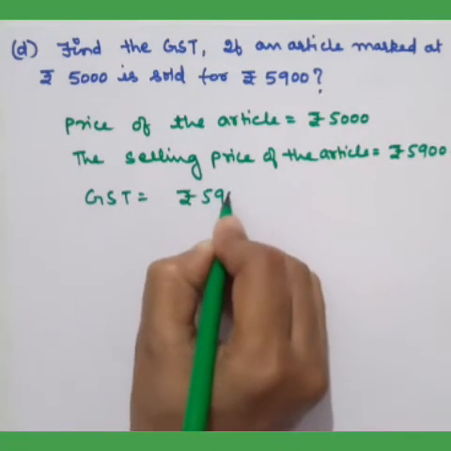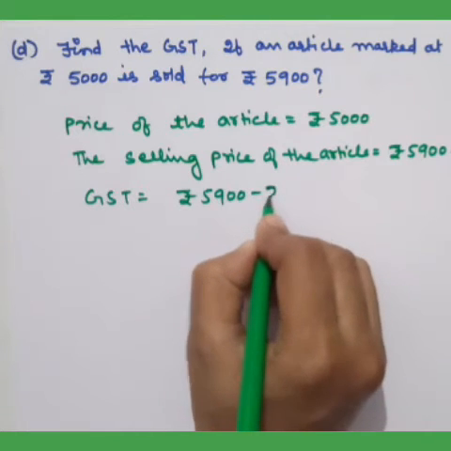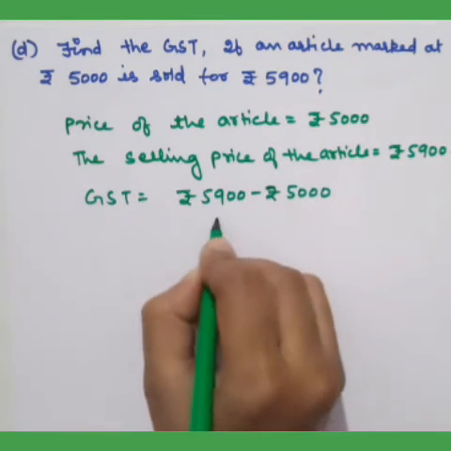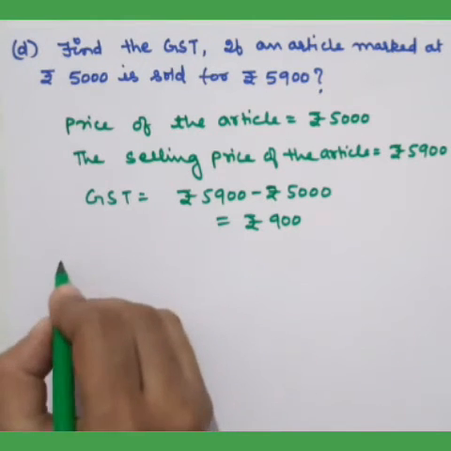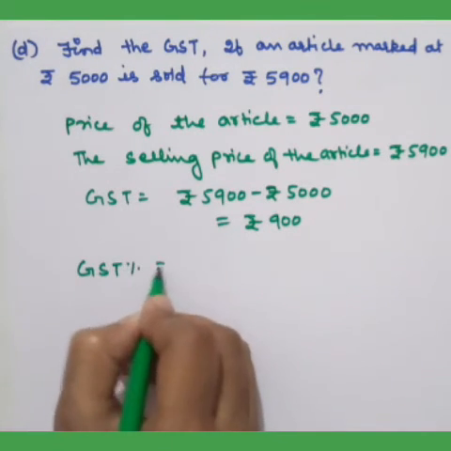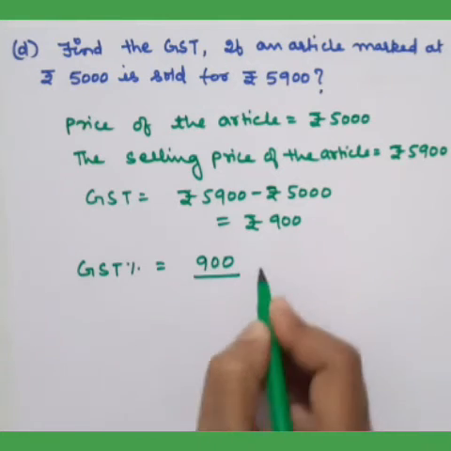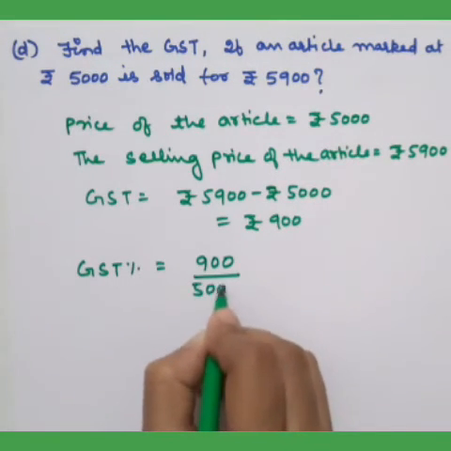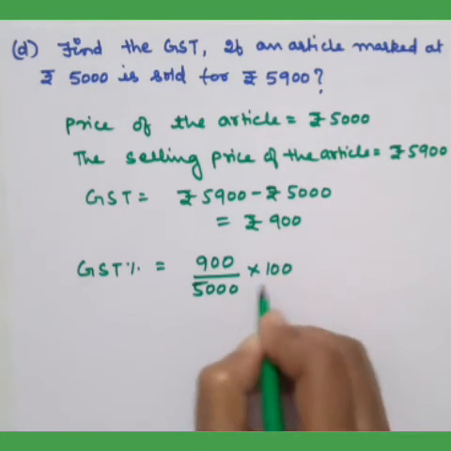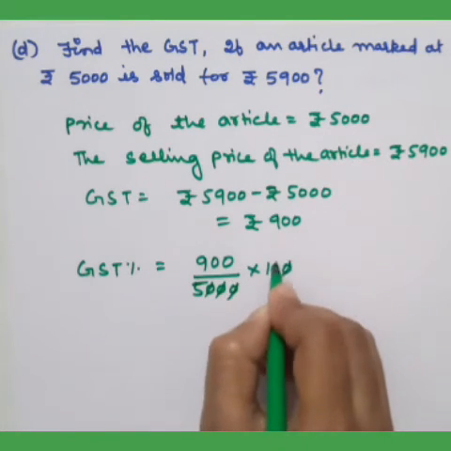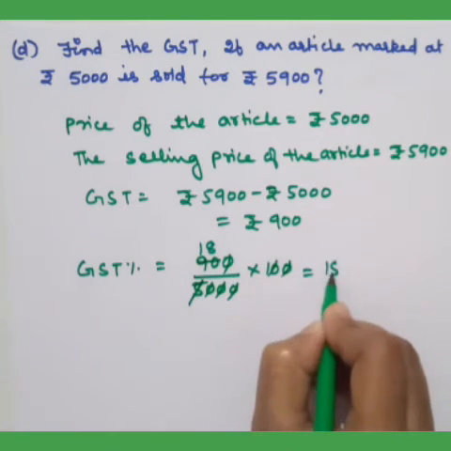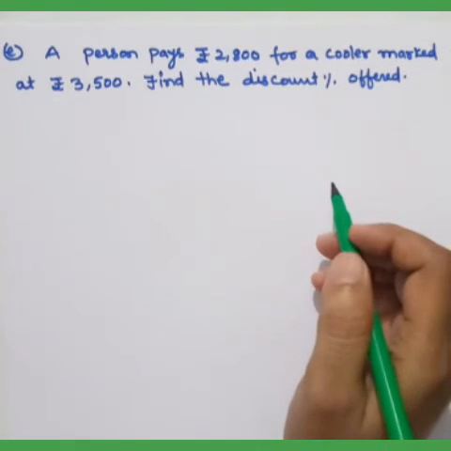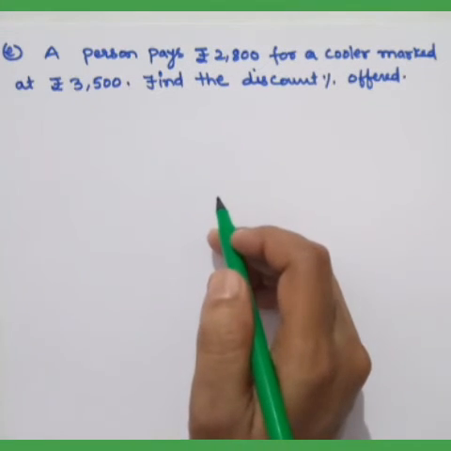Difference between these two, 5,900 minus rupees 5,000. Obviously it is rupees 900. Now you have to calculate the percentage. So GST percent is calculated as GST divided by the actual price, 5,000, multiplied by 100. So 5 ones are 5 and 5 8s are 40. 18%.